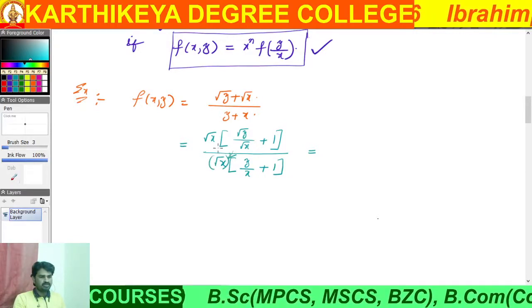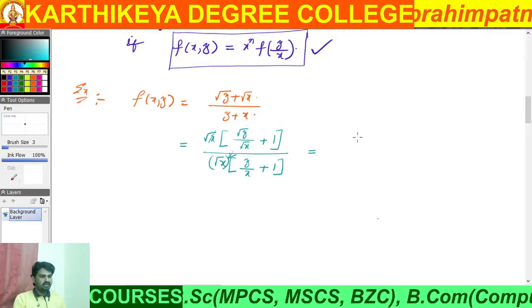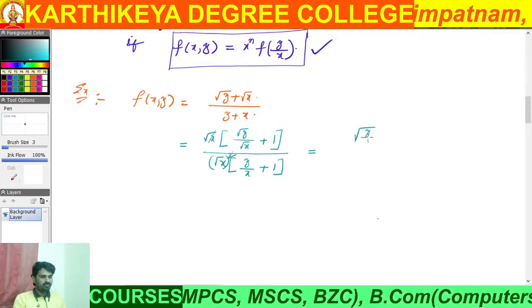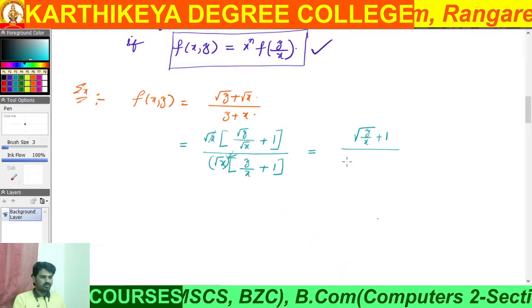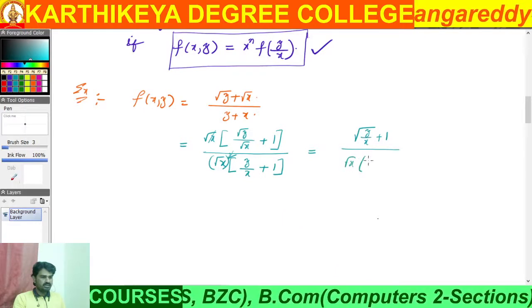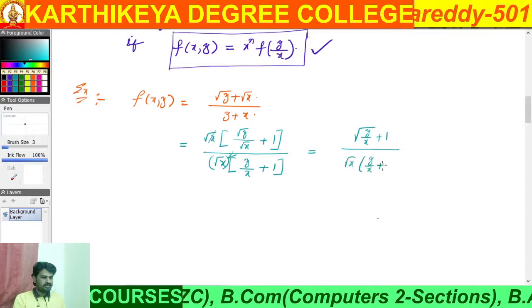Now the square and root are cancelled, then you will get root of y by x plus 1 by, that is, root x into y by x plus 1.